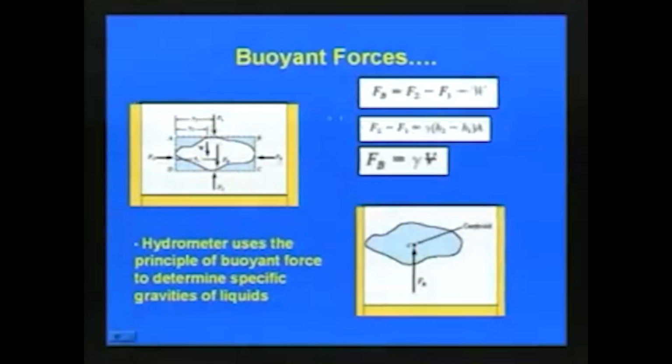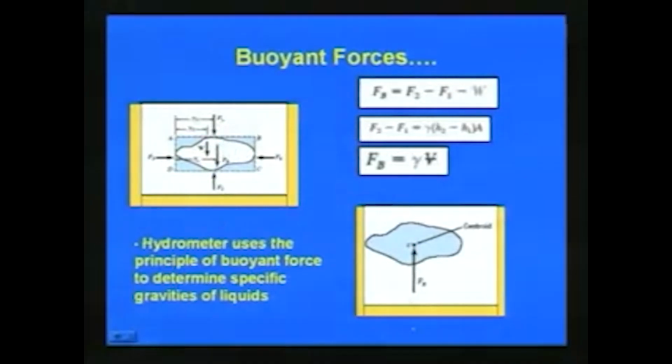Here the buoyancy force is equal to F2 minus F1. F2 is the force acting upon the body which is submerged fully or partially, and F1 is the force acting with the weight of the fluid acting upon this.